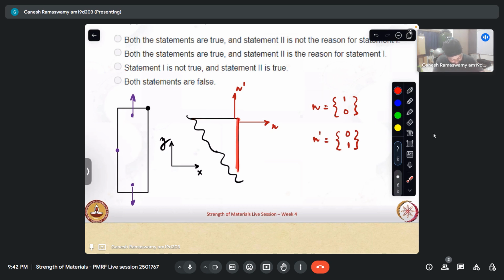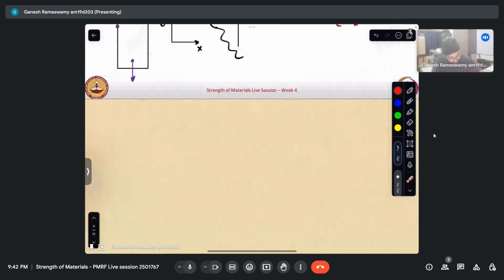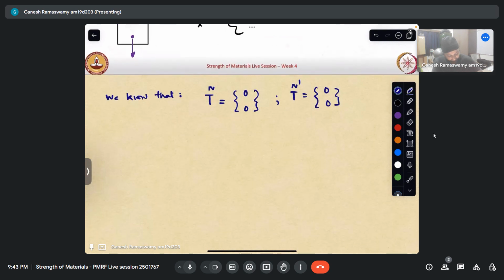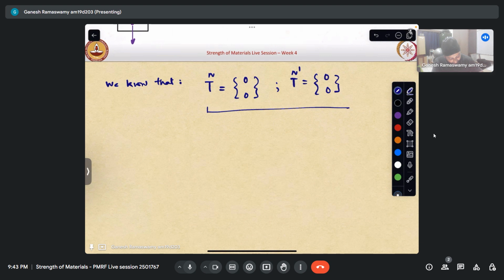Similarly, whatever is characterized by the plane with normal n is also a free surface. So what does that imply? We know that Tn is 0. Similarly, we know that Tn prime is 0 by virtue of these being free surfaces.